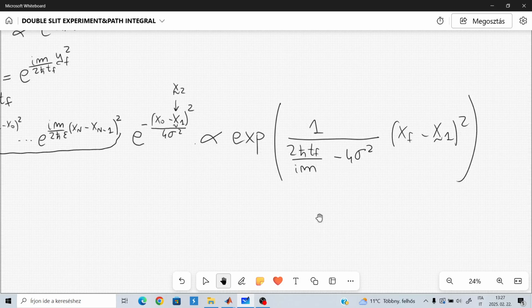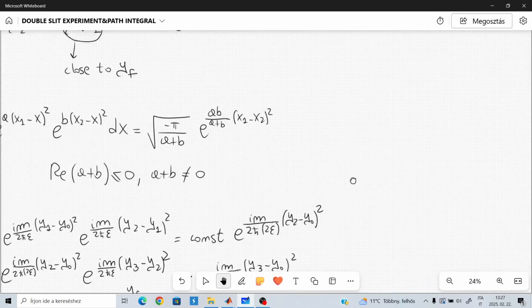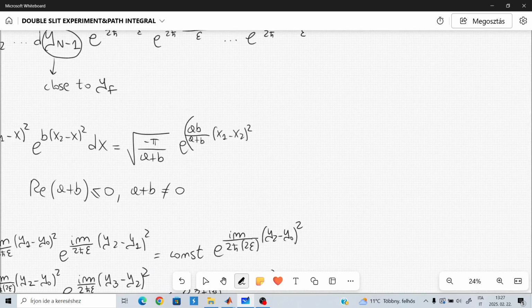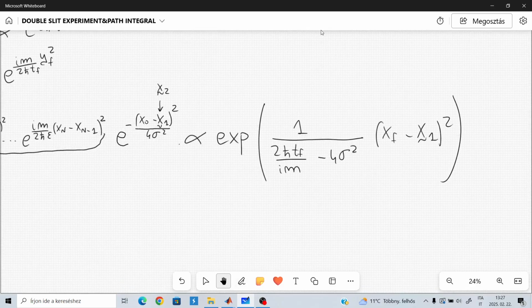So I have simply rewritten this factor like this, 1 over b plus 1 over a, which is the same. And what you get is exactly this.